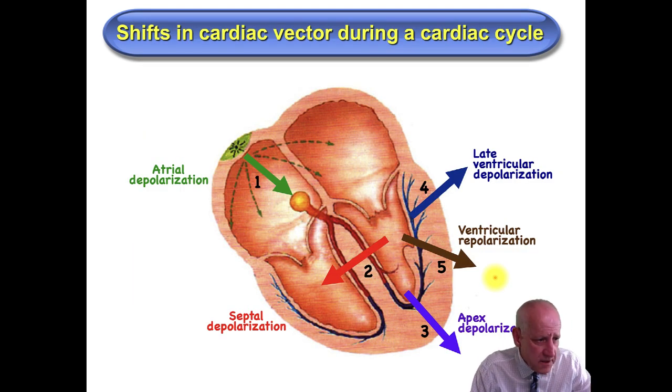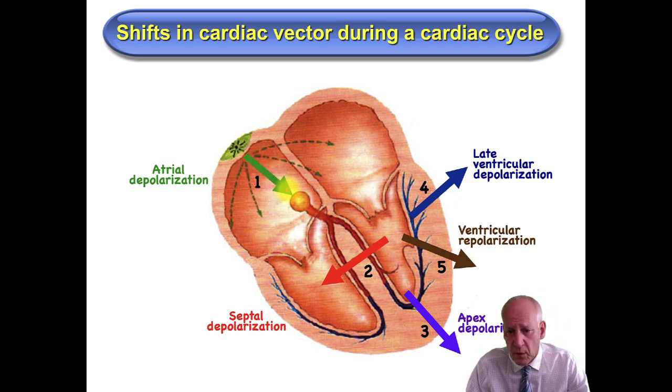So as depolarization spreads through the heart, the electrical vector shifts in three-dimensional space in roughly the same sequence as a golf swing, as I'll show you in a moment. The first portion of the heart to depolarize is the atria, followed by the left side of the septum, followed by the apex, followed by the upper left ventricle, and finally we have ventricular repolarization.